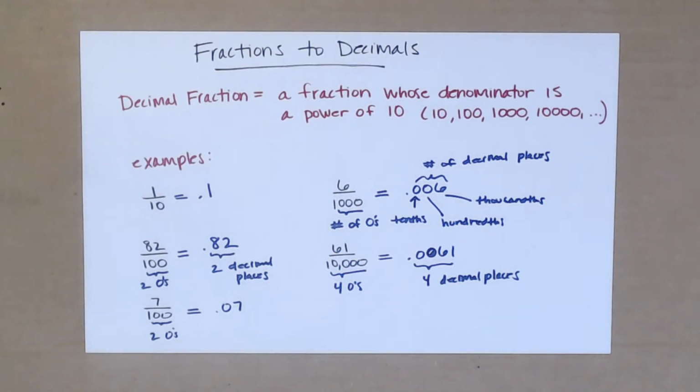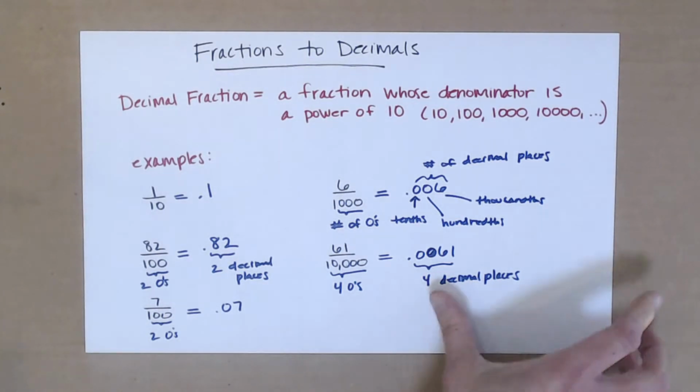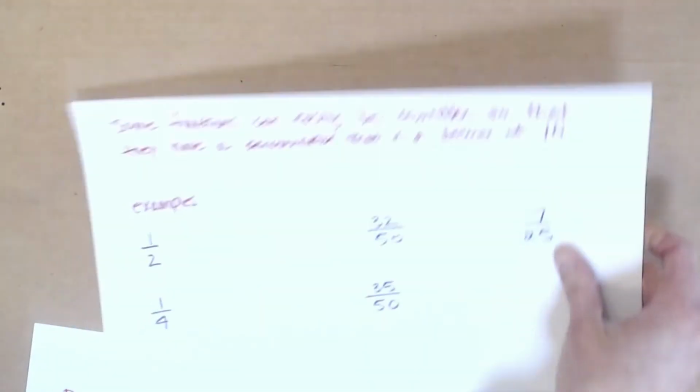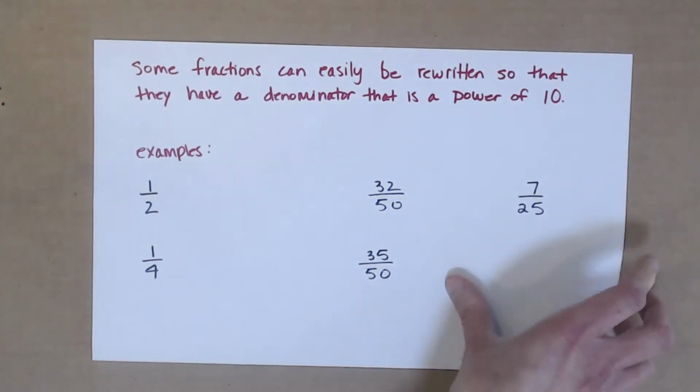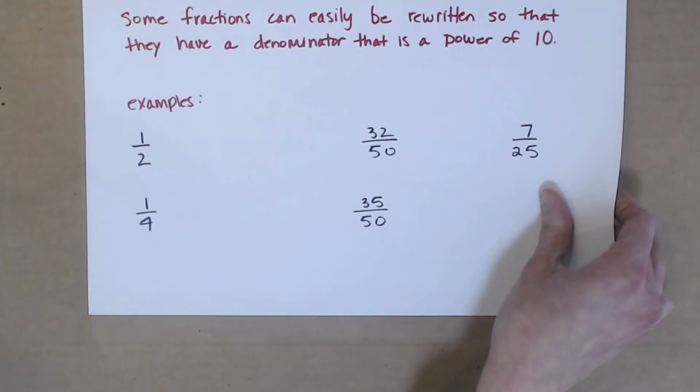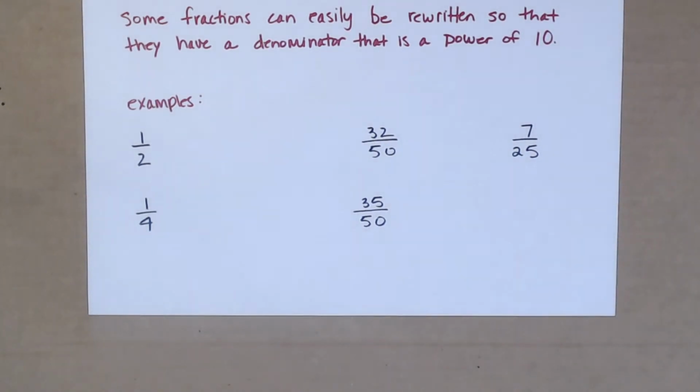So that is the first type of problem you'll see on this sprint, where it's already set up for you as a decimal fraction that can easily be written in decimal notation as long as you understand place value. Another type of problem you will see on this sprint is this kind, where it's a fraction that can easily be rewritten so that it has a denominator that is a power of 10.